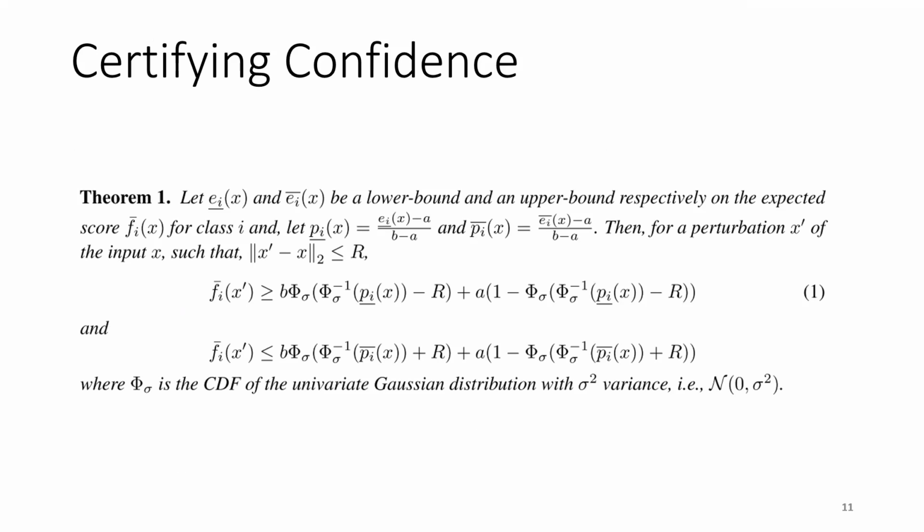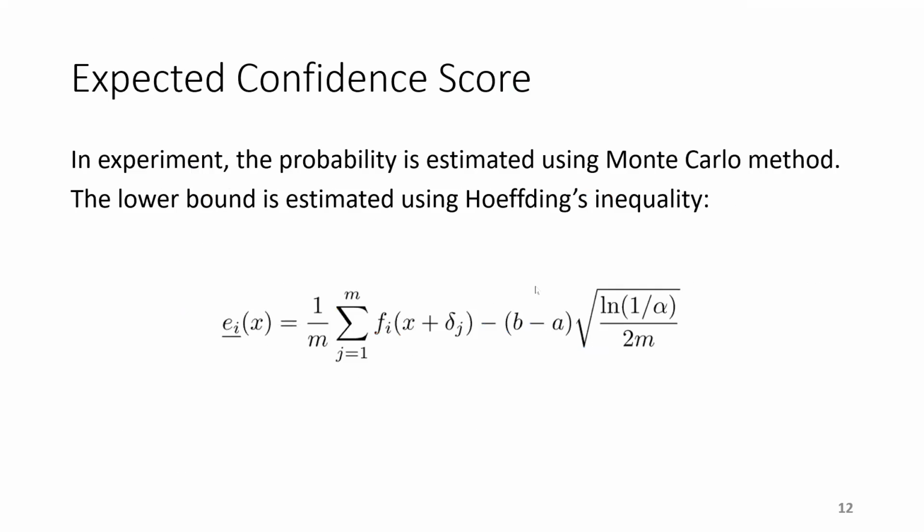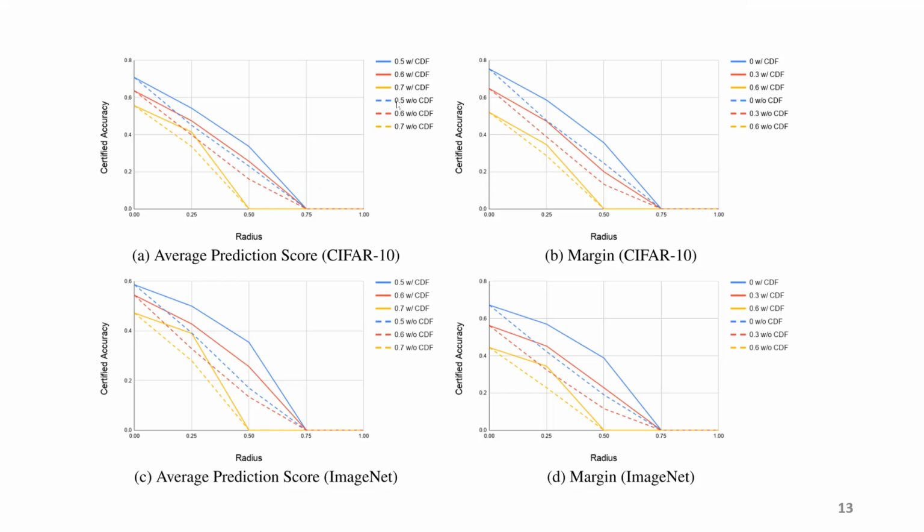Is that what you mean? Yes, they achieve the better result. In fact, this without CDF result is similar to the original randomized smoothing. This is the dashed lines.